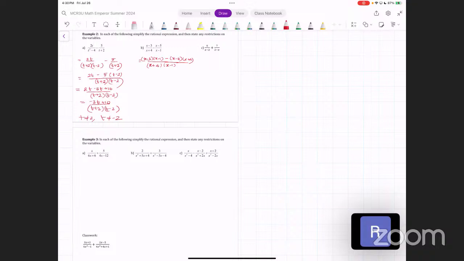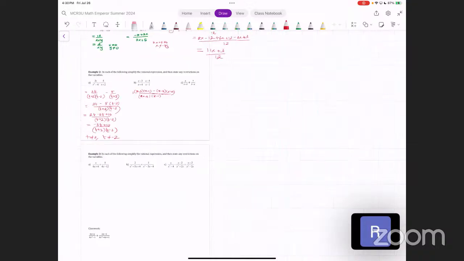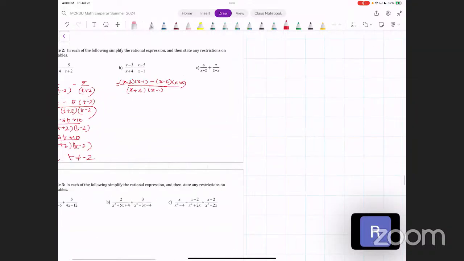So let me simplify that. That is going to be x squared minus x minus 3x minus 4x plus 3, minus x squared plus 4x minus 5x minus x minus 20.